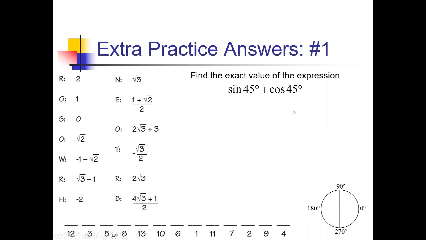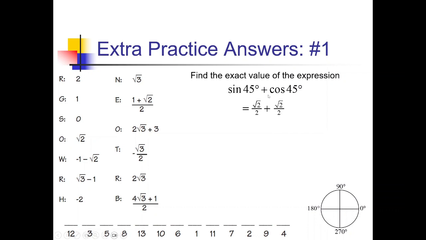Now this one we didn't have a lot to do before going to special values. We have sine of 45, which is one of our special values. That's radical 2 over 2. Cosine of 45, that's the x value at 45 degrees, is also radical 2 over 2. So radical 2 over 2 plus radical 2 over 2, we've got the same denominator, so we can now add the numerators together.